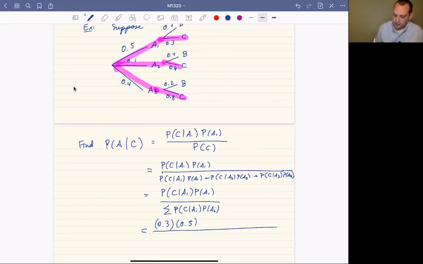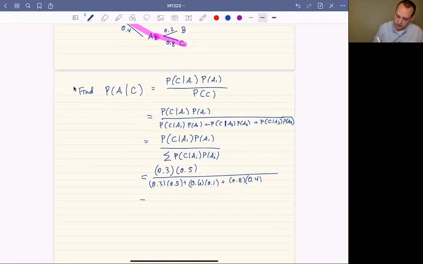In the denominator, we get the same probability of C given A1, so that's 0.3 times 0.5. Now the probability of C given A2 is 0.6 times 0.1, plus the probability of C given A3, which is 0.8 times the probability of A3, 0.4.